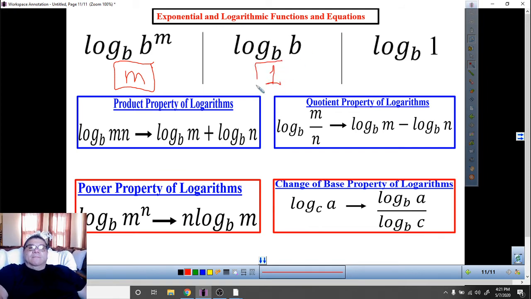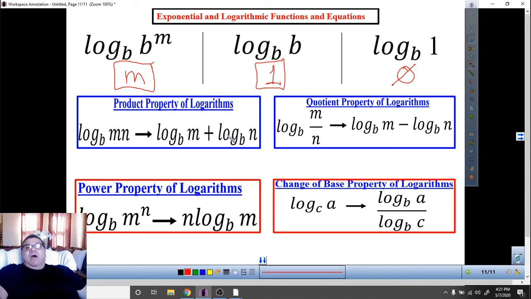This one, if the given number is 1, doesn't matter what the base of the log is, the answer is always 0. Those are something that you need to remember, okay? And you need to have them handy. Like I said, we're going to get into some more that are funner, and you need to know all these.